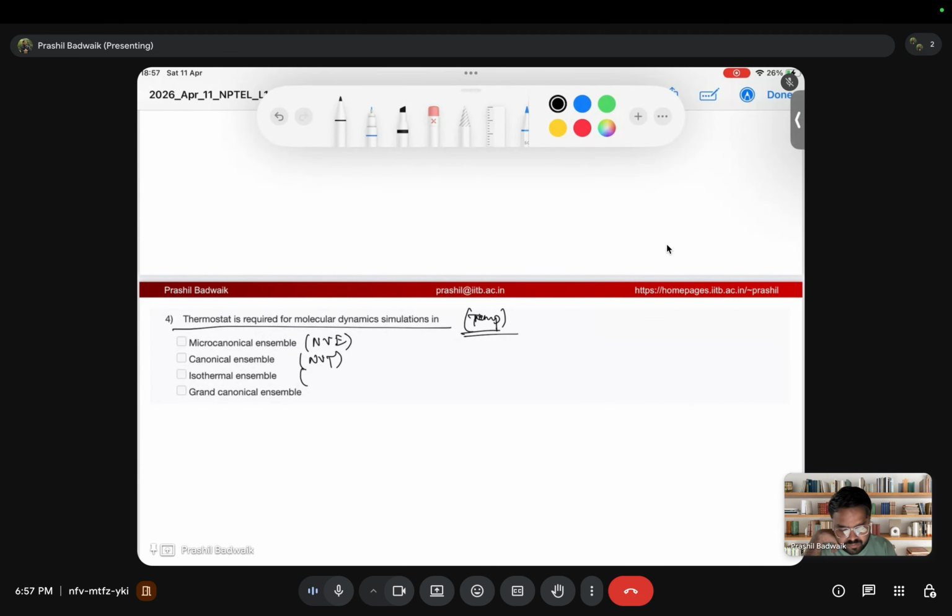Isothermal-isobaric is NPT, and this is my mu VT. So here you can see in all the ensembles we have to keep the temperature constant except in microcanonical. So these three options are correct. A thermostat is required to keep the temperature constant in these ensembles.